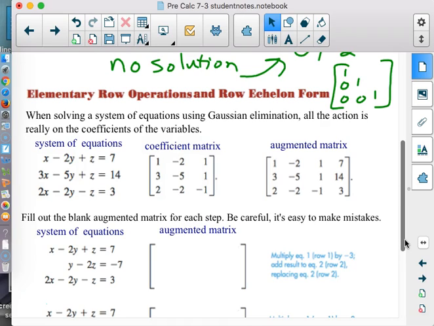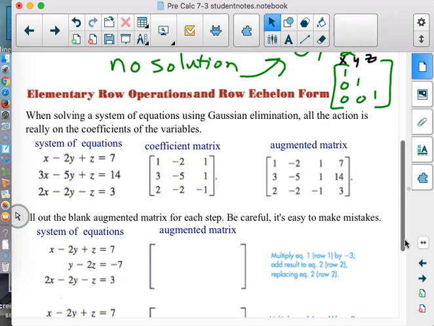That's row echelon form. Now, here's why that's something we want. It's because these columns are going to stand for X, Y, and Z. And what this one says right here is 1Z equals something when we get done. We're going to be able to use that to then back substitute or use what's called reduced row echelon form.